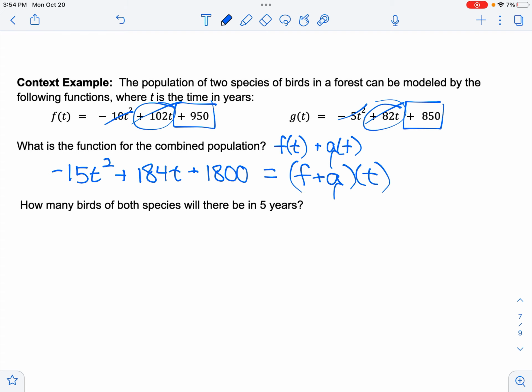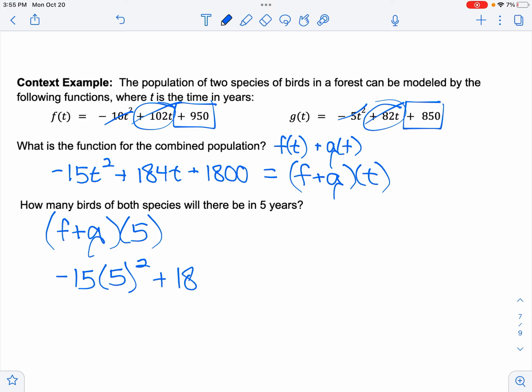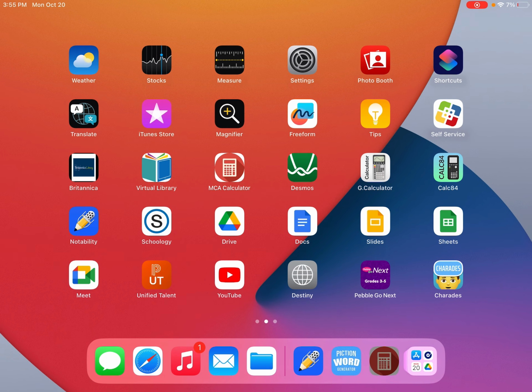Okay. How many birds of both species will there be in 5 years? So they're asking for us to put a 5 in there. All right, let's do it. Okay, let's see what that is. Negative 15 times 5 squared plus 184 times 5.